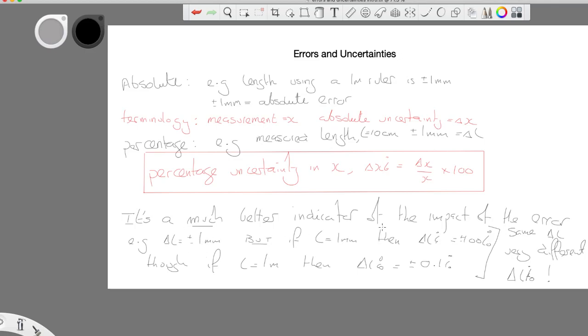But then if you say the length I'm measuring is 1 millimeter, then what you have is a 100% uncertainty in your value. Whereas if the length is 1 meter with the same absolute uncertainty, then your percentage uncertainty is 0.1%. So you see that the percentage uncertainty is a much more useful measure of the impact of your error on the values that you're taking.